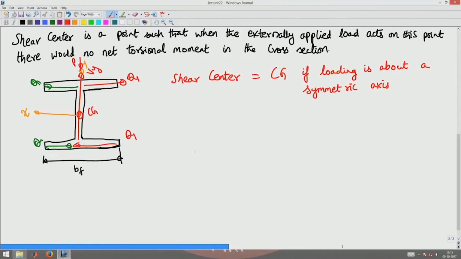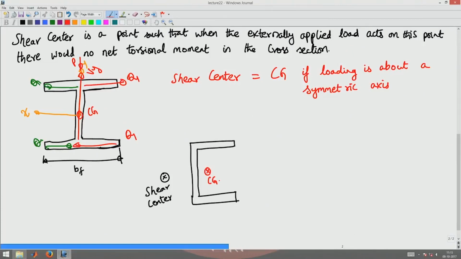For example, if I look at a channel section, we will see today by detailed derivation that for this the shear center lies here, this is the shear center, whereas the CG of the cross section would be here.